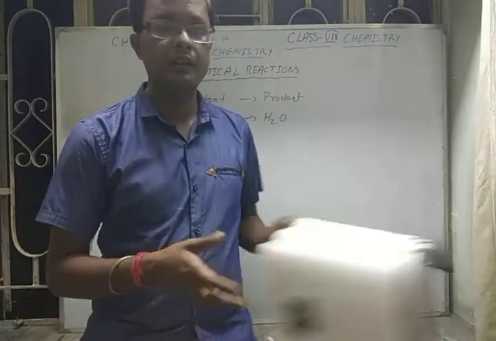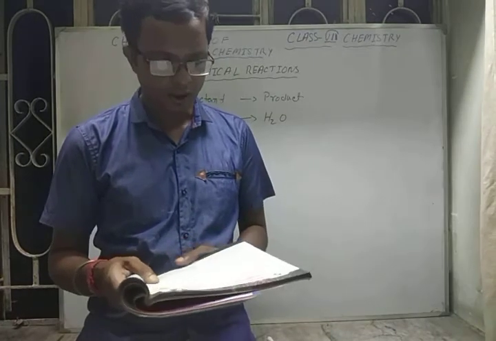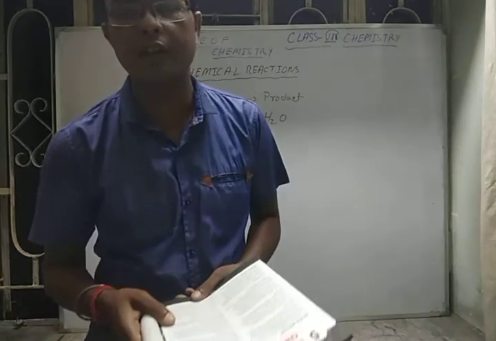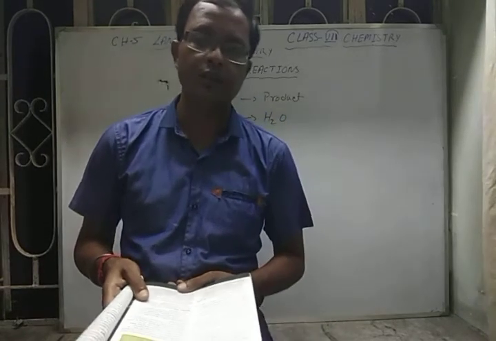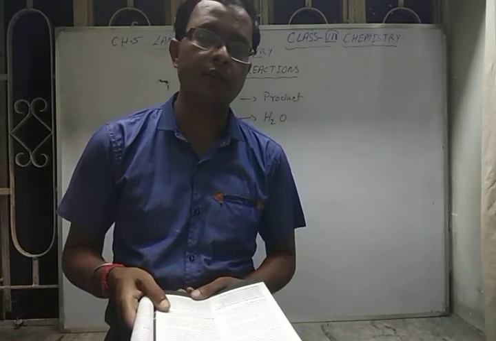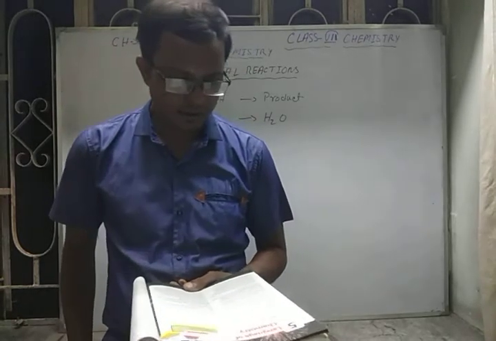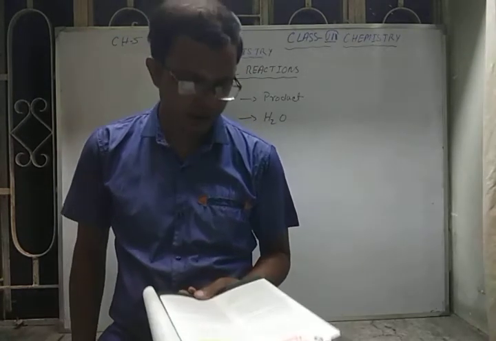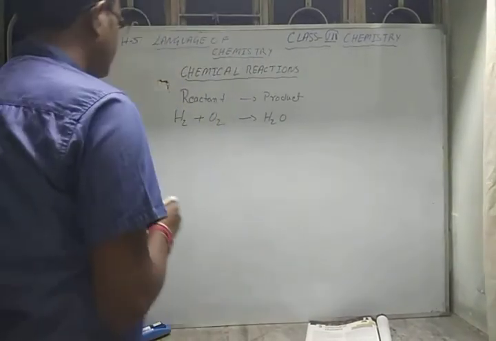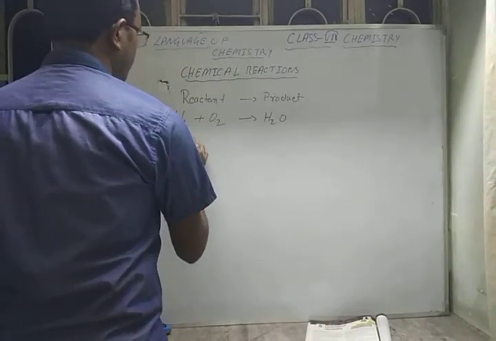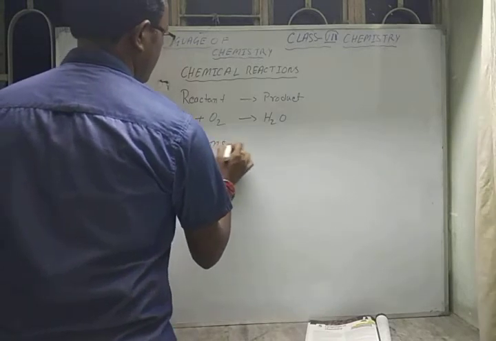Now the thing is, for a chemical reaction, what important things should be followed that make a chemical change happen? For that, first are the conditions for a chemical reaction.